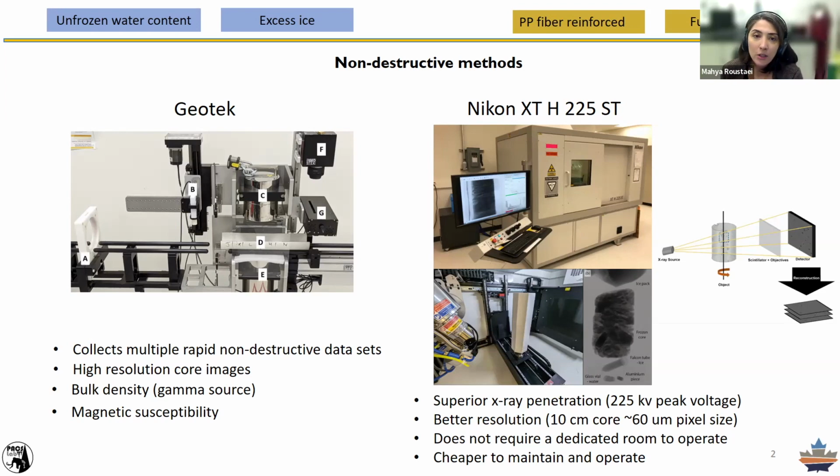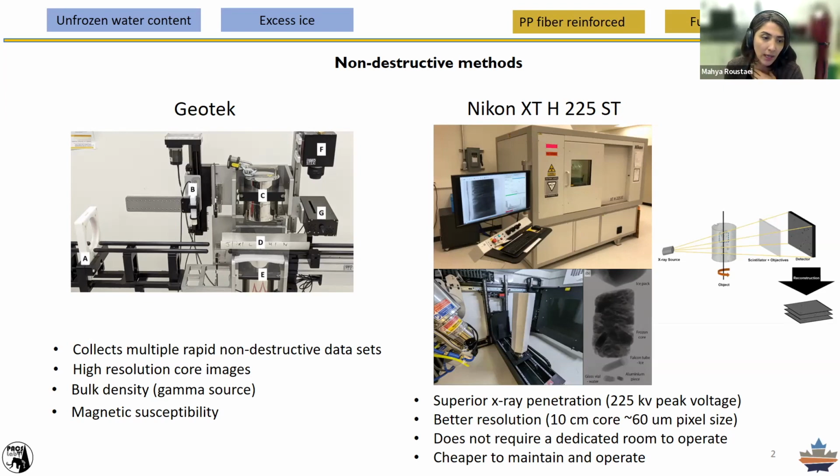The presentation and all the results today are mainly focused on my experience with CT, but I also use the Geotek as the verification source. So these two machines are mainly used for characterization of permafrost cores.